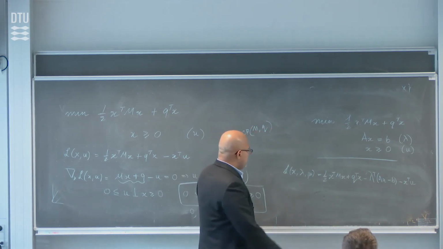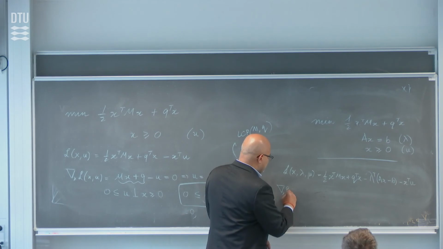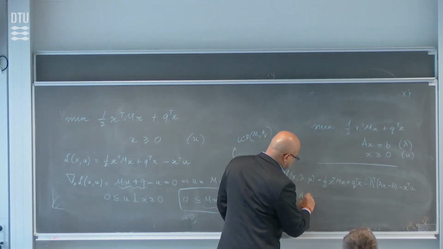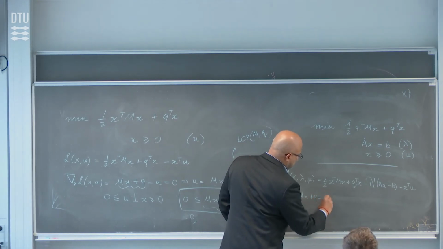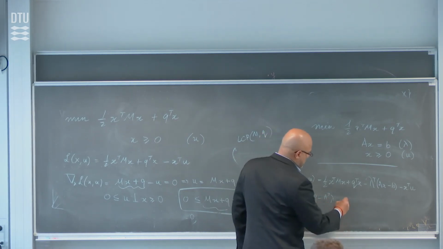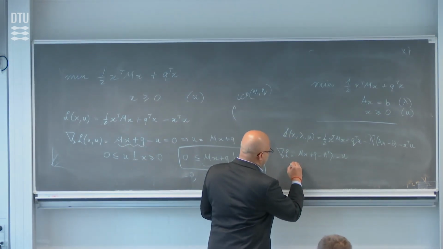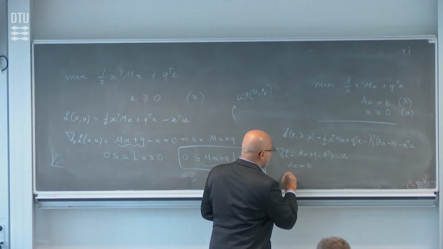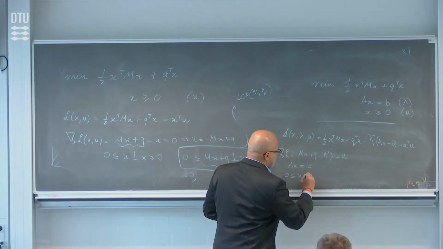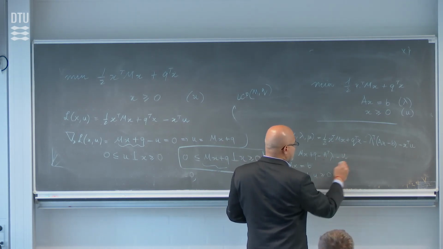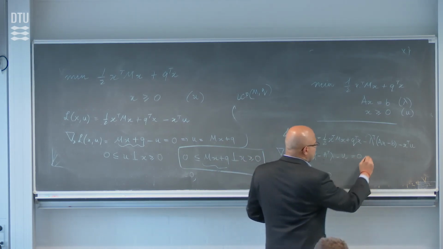Now I take the gradient of the Lagrangian in x, and you get Mx plus q minus A transpose lambda minus u, and you have a requirement that Ax has to be equal to b, and you have x is orthogonal to u.